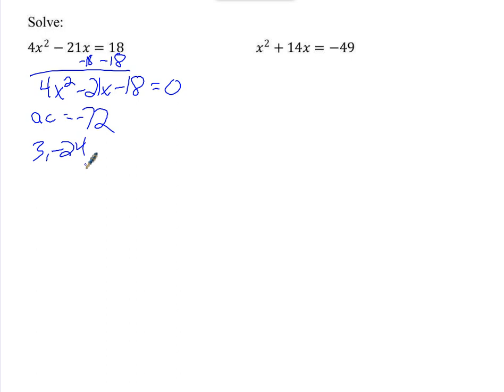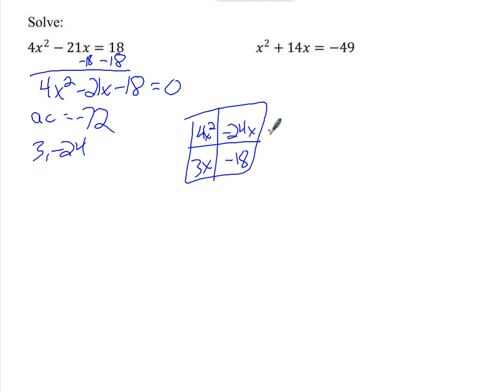3 times negative 24 is negative 72. 3 plus negative 24 is negative 21. So those are the correct numbers. Now what? Box. We have 4x squared. We have negative 18. We have 3x. We have negative 24x. GCF, first row.